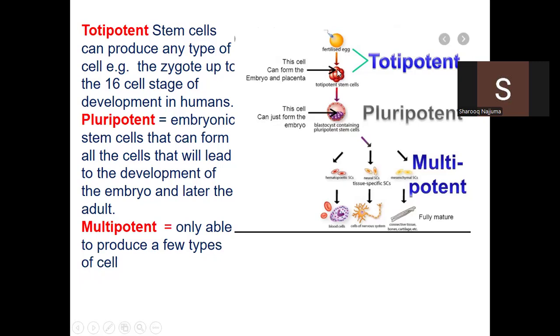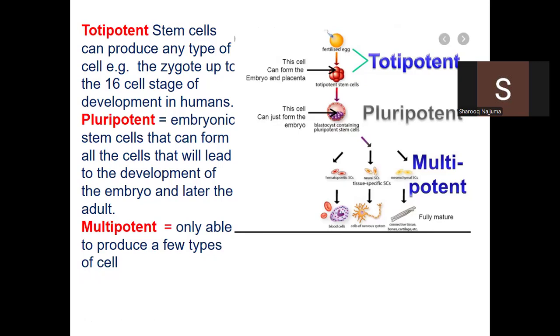You'll find that some of the cells break off and then they develop into another organism. And you know that identical twins are genetically identical. They have the same genes. So those are coming from totipotent cells. So we have stem cells that are totipotent. An example, the zygote.